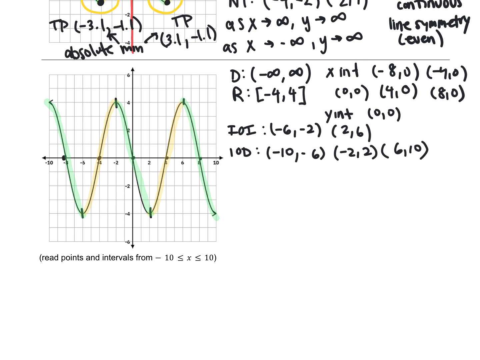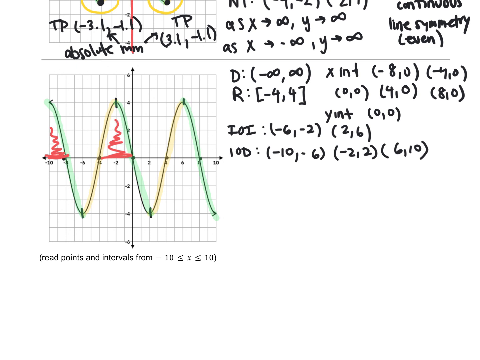Now for our positive and negative intervals, we're looking at everything above and everything below the x-axis. So for our positive interval, everything between -10 and -8 here is positive.